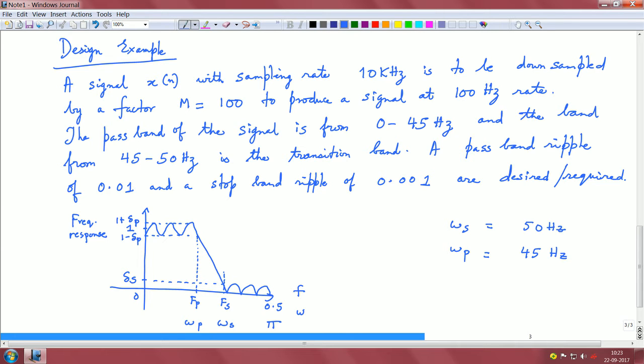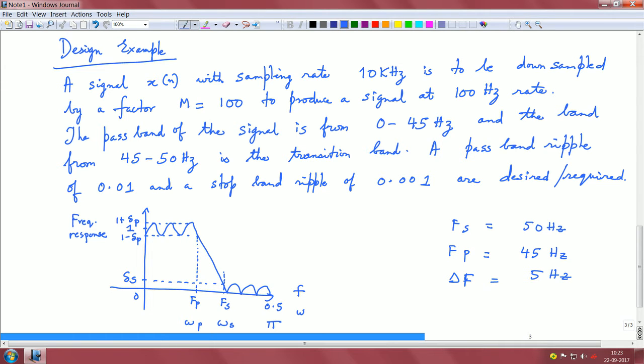So, we have the other parameters. The delta f, which you can compute directly, omega is 2 pi f. So, I can call this Fs, this is Fp, and I call delta f, and this is about 5 hertz, which is 50 minus 45. Omega is basically 2 pi f, and then you could normalize this.